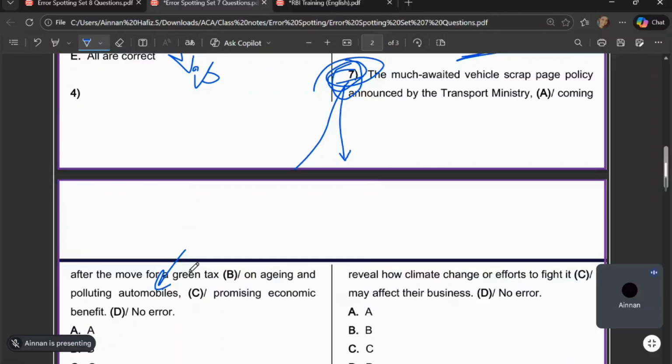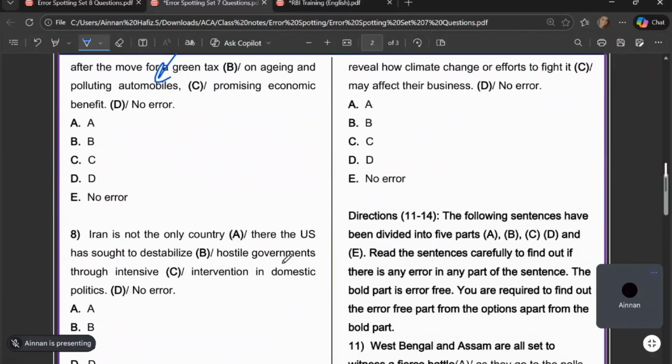Can you move on to the next question? Yes, ma'am. Okay. 8-1. Iran is not the only country the US has. Okay, I guess you all can tell me where the error is. As soon as you read, you get the error.